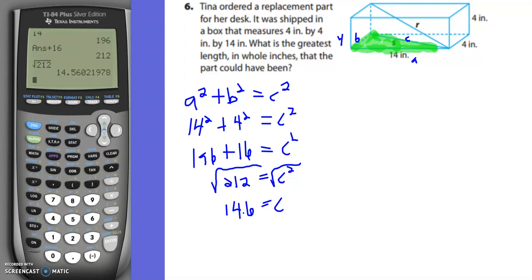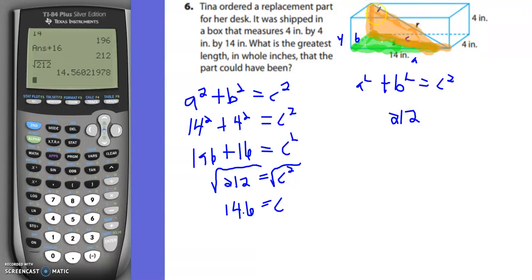Okay, now we're going to look at this triangle. Okay, so now we have A squared plus B squared equals C squared. What we called the C on the last triangle is now going to be our B. So that B is the 14.6 squared, which is 212.